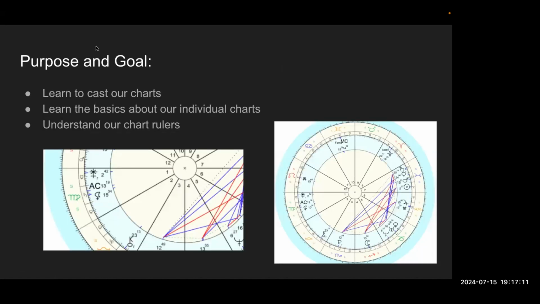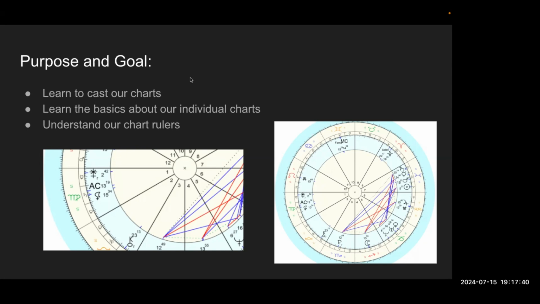The purpose and goal of meeting today and doing this presentation is to learn how to cast our charts. So in this picture to the right, I want everyone to be able to pull up their chart and see something that looks just like this, but based off of your information. The second thing I want to do is to learn the basics about our individual charts. So we're just going to go over some basic knowledge that everyone can apply to their chart today.